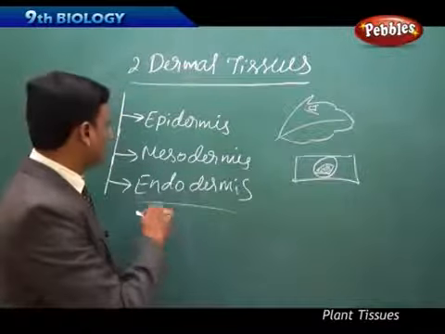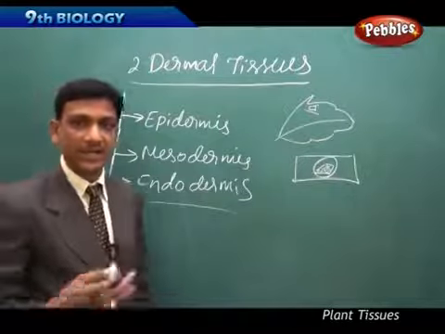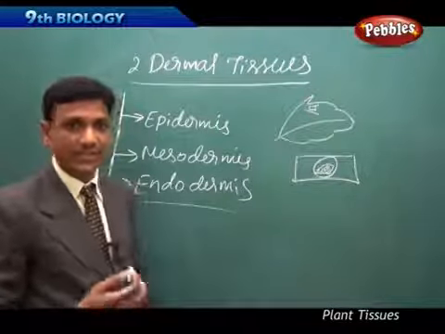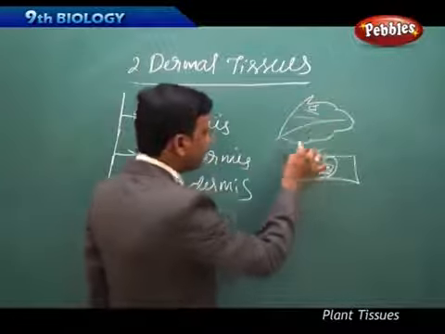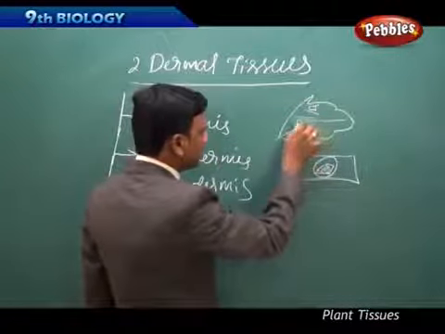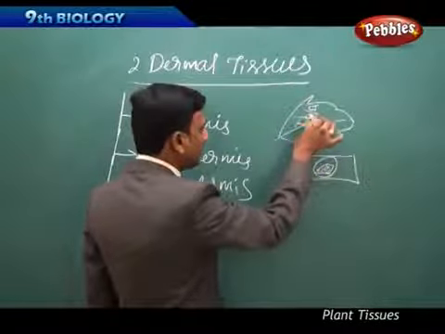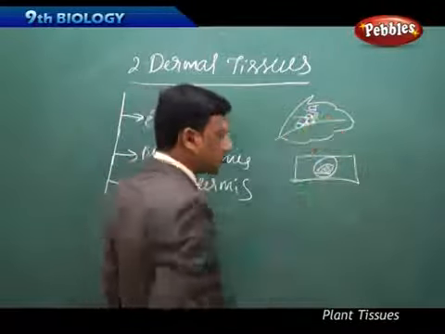So the dermal tissues have a main function, that is protection, protecting the plant. If you observe the covering of the leaf, the dermal tissue has different cells closely packed, but in between there are some holes, stomata.